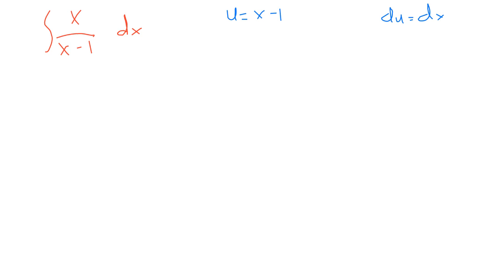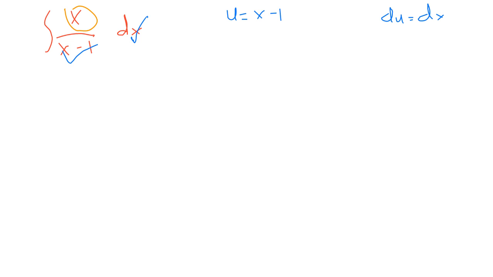So we have our dx taken care of, we have our x minus 1 taken care of. The issue is that we still have this x up here that needs to be taken care of as well, because we're trying to get everything in terms of u.